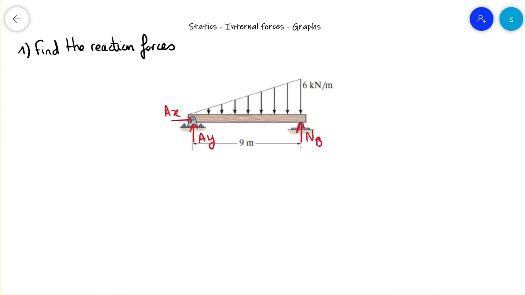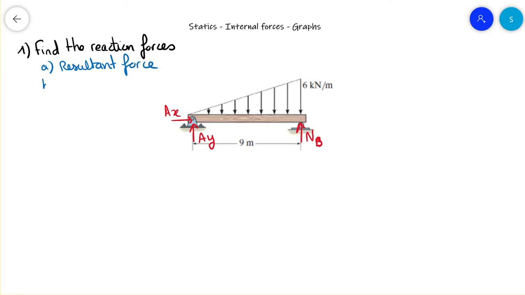For this problem, because it's a distributed load, we need to find the reaction force. We need to find the resultant force first, right? And its location.